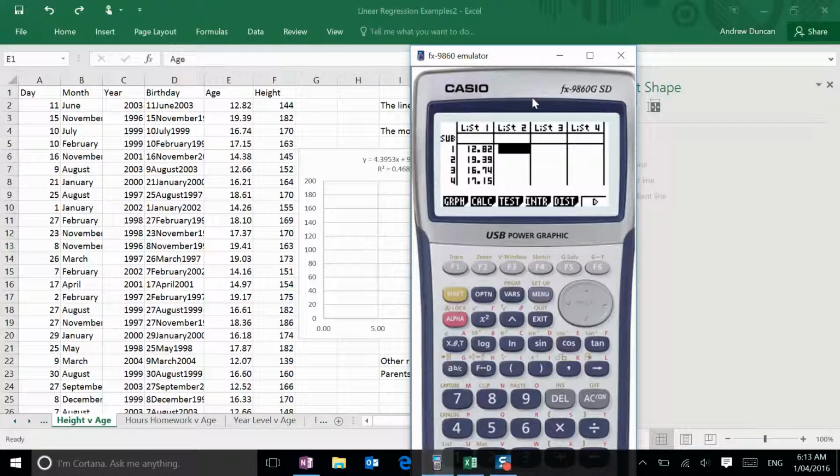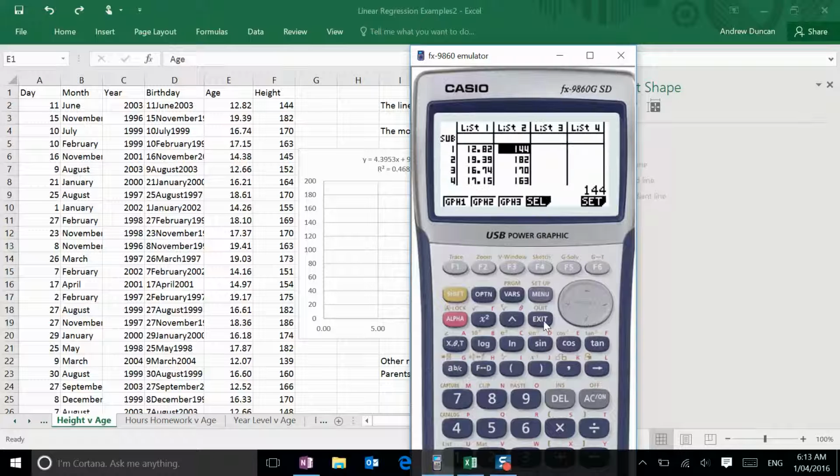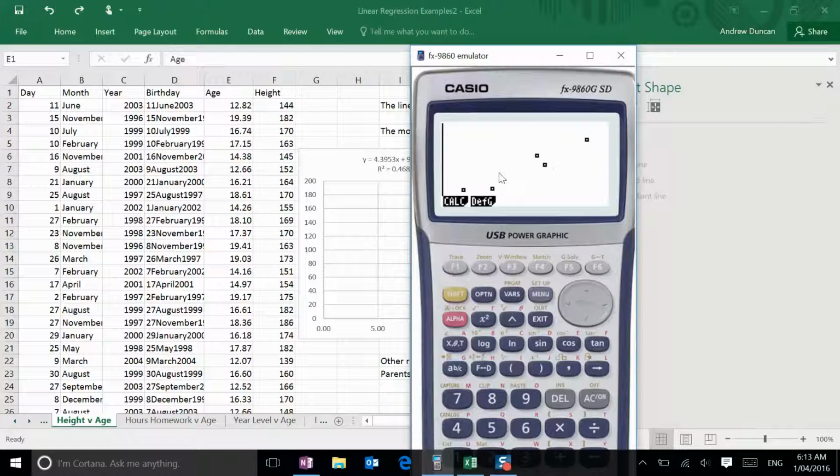Should have prepared this earlier. Okay, so I've entered my data in list 1, list 2. I'll draw a graph of what it looks like. Just go into the set menu, make sure we've got a scatter plot with list 1 and list 2. Okay, so I want to graph it, see what it looks like.